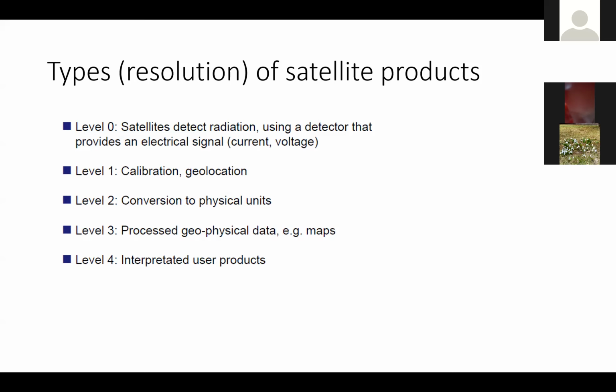In the level 2 product, calibration and geolocation are already applied to the measured data, and the actual product is retrieved, so the information obtained from the satellite is converted to physical units. Level 3 is the processed data, for example gridded maps. And the level 4 product is the interpolated product, which is created by users.